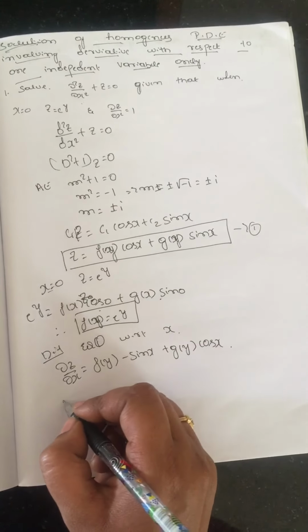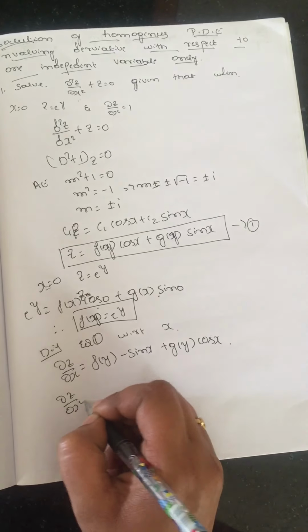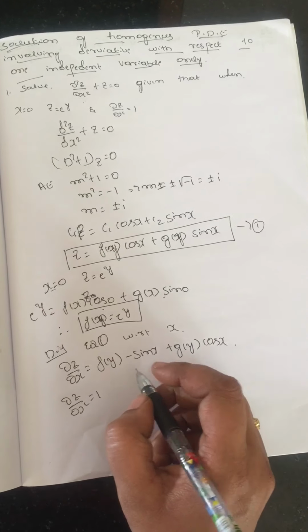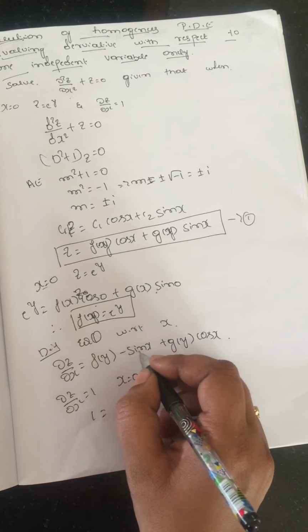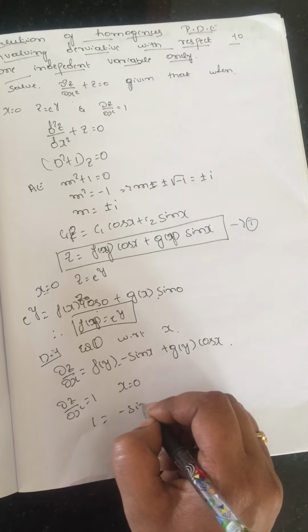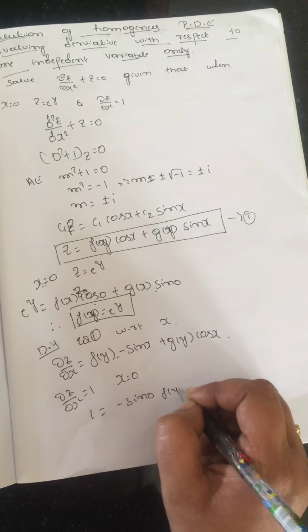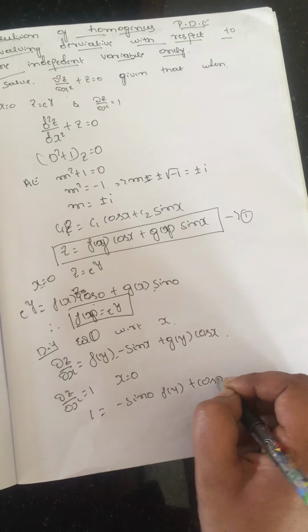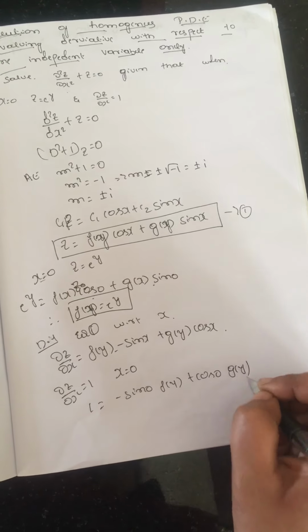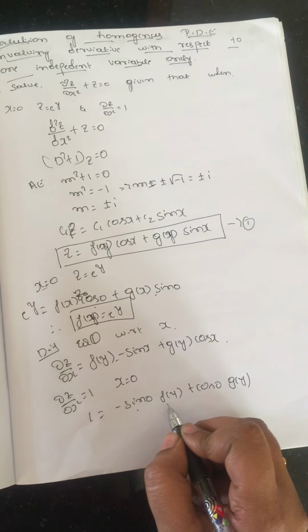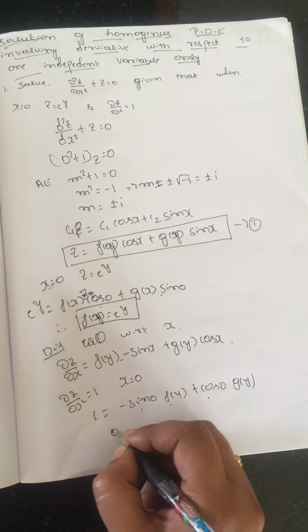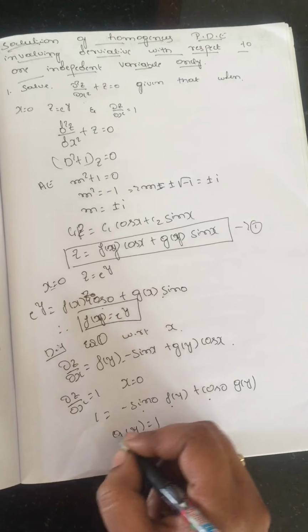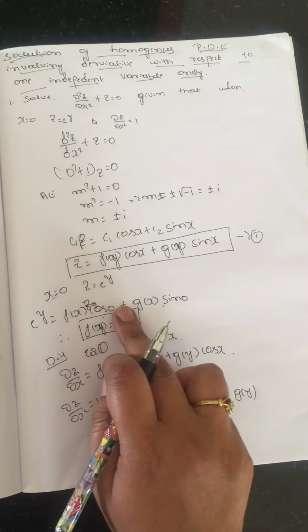Now substitute del z by del x equal to 1 when x is equal to 0. That is 1 is equal to minus sin 0 into f of y plus cos 0 into g of y. Sin 0 is 0, and 0 into anything is 0, cos 0 is 1, therefore g of y is 1.